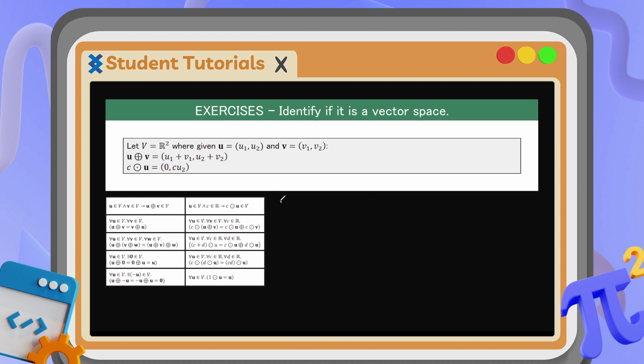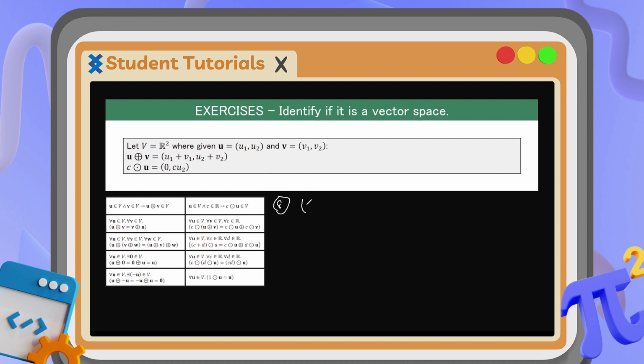Next is the right distributivity of the vector. So in here, we are multiplying a vector u to both scalars, which is what we're trying to do for the next item.